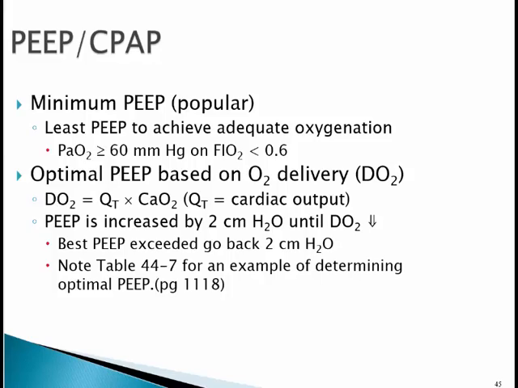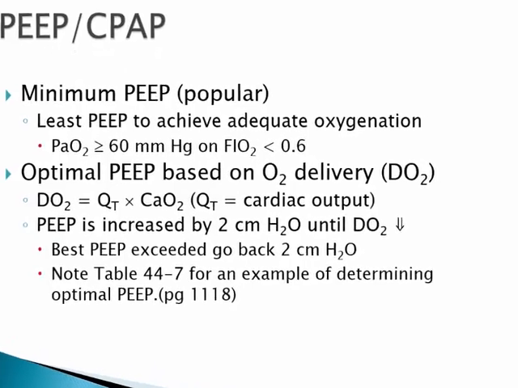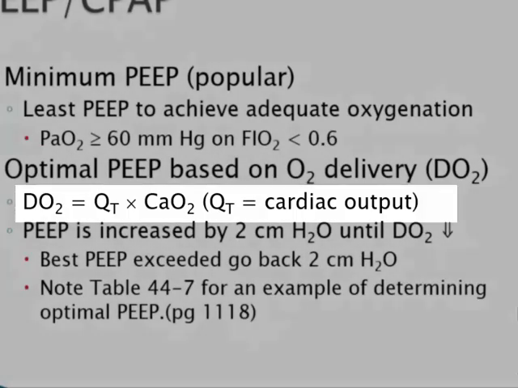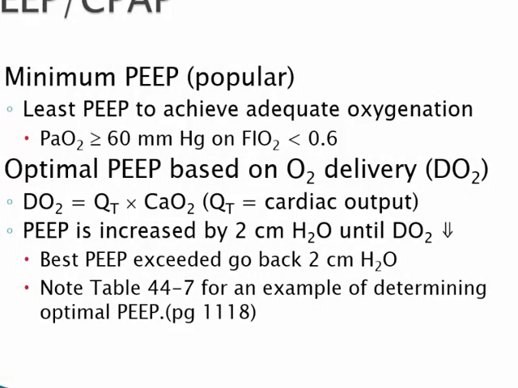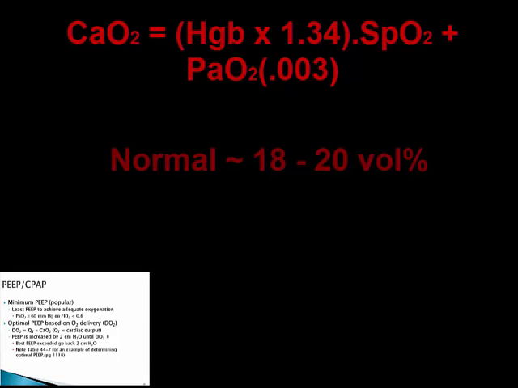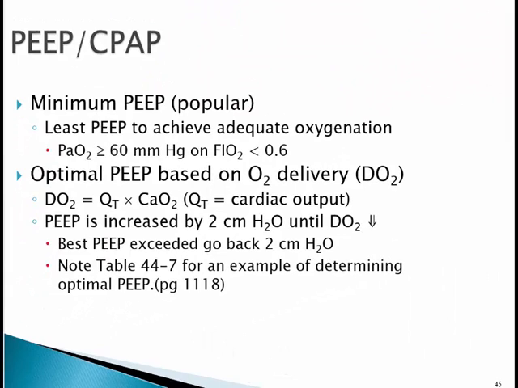Optimal PEEP is based on the oxygen delivery, which is the cardiac output times the arterial content. And remember that the arterial content is... then PEEP is increased by 2 centimeters of water until the DO2 decreases.